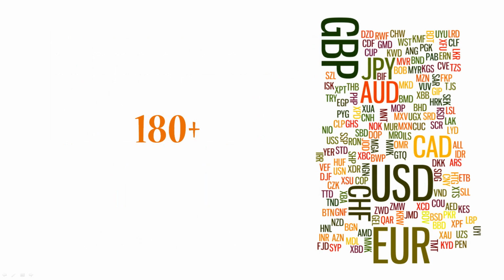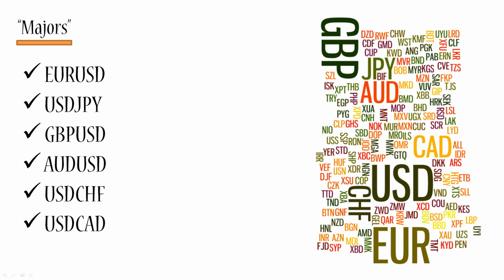There are over 180 currencies in the world, and you can combine any two of them to give you a currency pair. Most traders identify two main groups of currency pairs, and these are the majors: the Euro US dollar, the dollar yen, the British pound dollar, the Australian dollar American dollar, the dollar Swiss franc, and the dollar Canadian dollar.